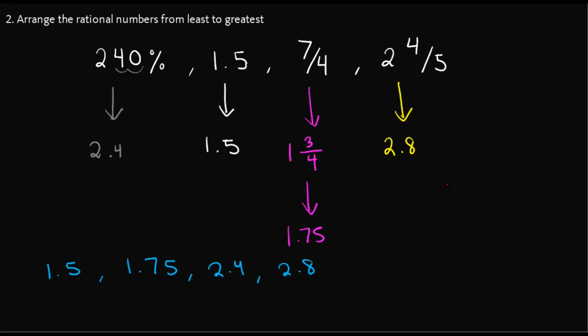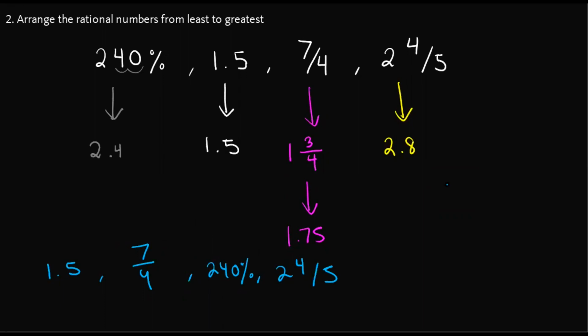So 1.5 is simply still 1.5. And for 1.75, going our way back up, it's 7/4. Then we do the same for the remaining. The 2.4 is from 240%. And the 2.8 is from 2 and 4/5. And so this is our final answer already.